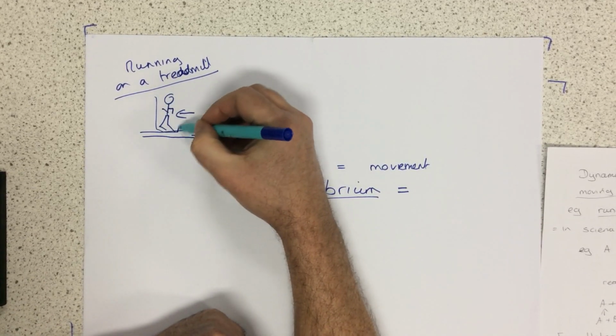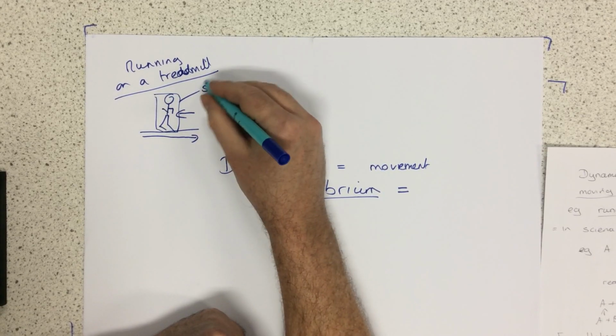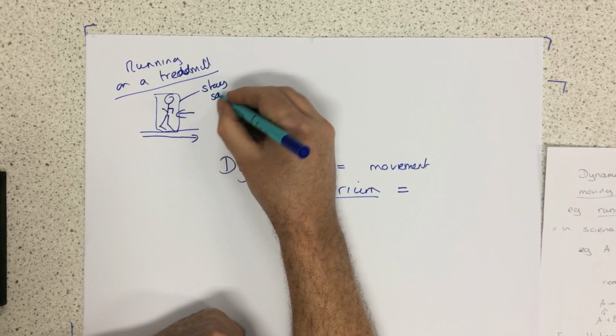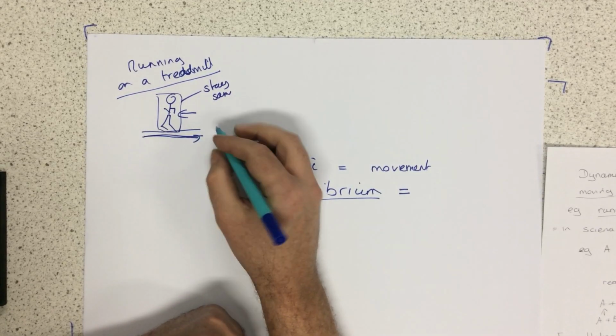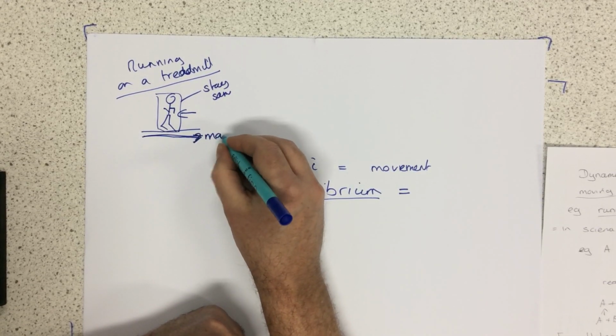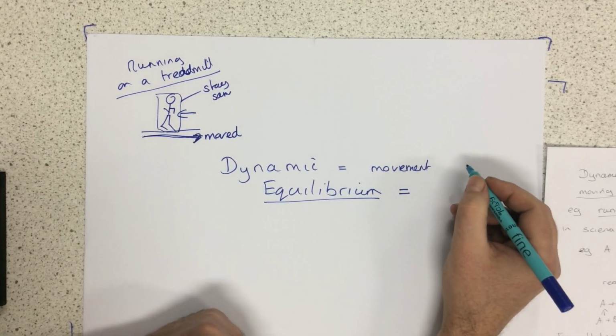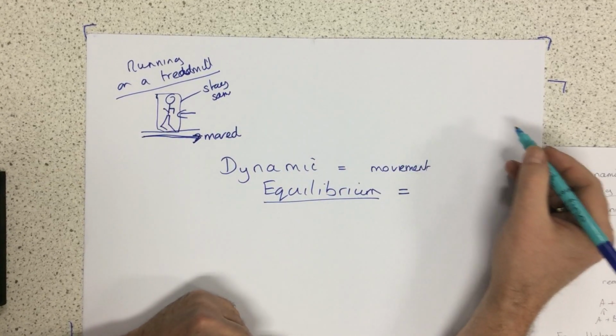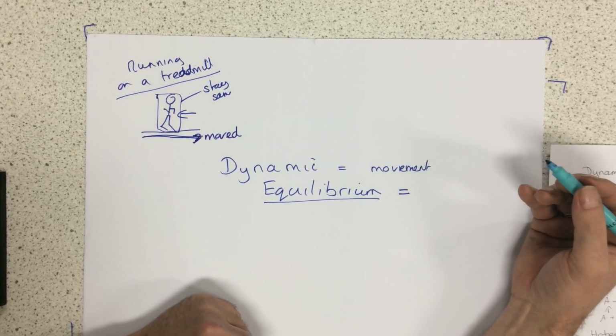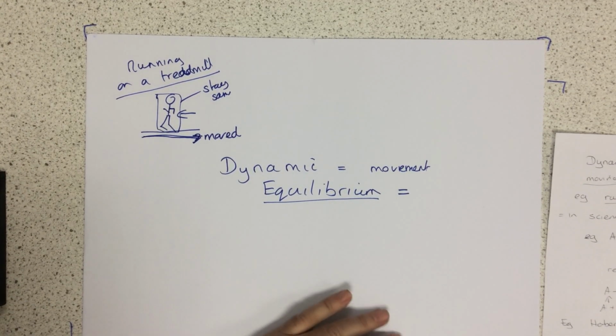So the equal part is their position, because their position stays the same, and yet they have, because of the treadmill, moved. And that's a great example of dynamic equilibrium. Things appear to be equal, and yet there's lots of movement occurring.